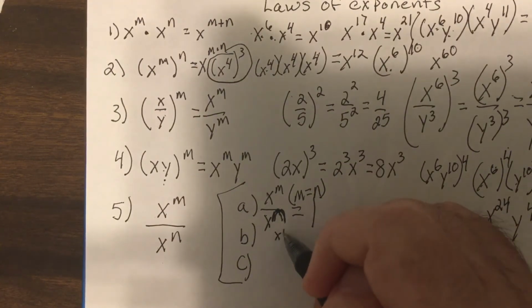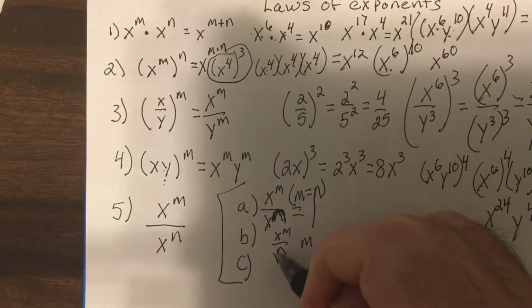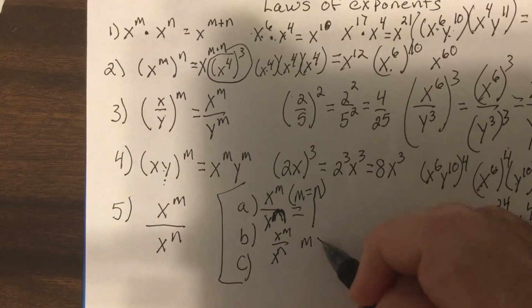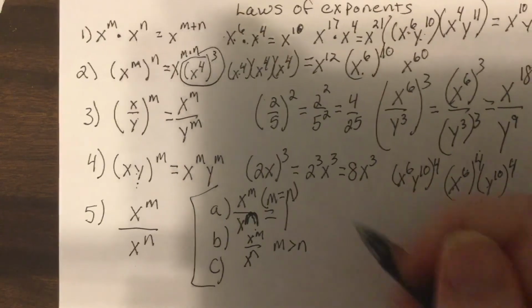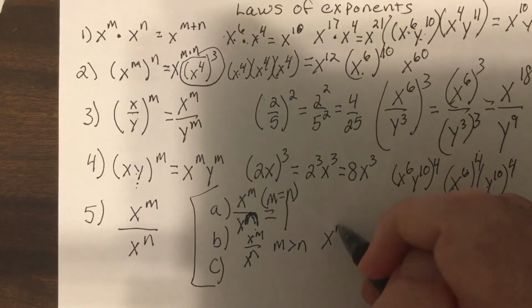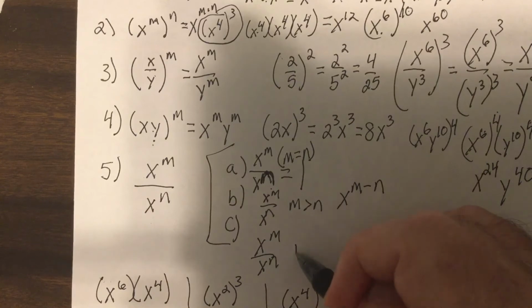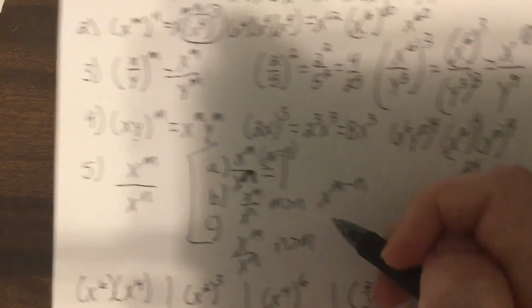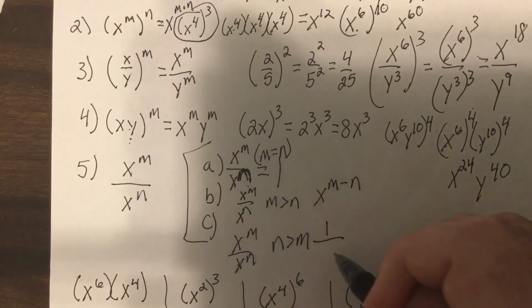If the power on top is bigger, then you have more x's on top, so you subtract and leave it on the top. If you have x to the m over x to the n, and the bottom power is bigger, then it stays on the bottom because that means you have more x's on the bottom.